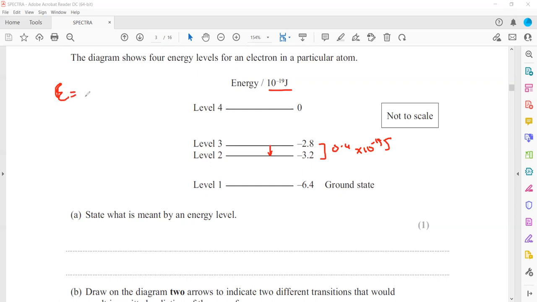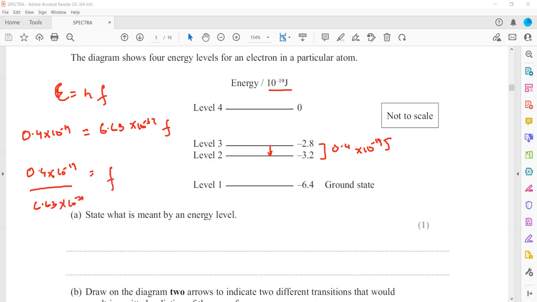So E = hf, where E is the energy emitted out, so 0.4 × 10^-19. h is Planck's constant, which is a fixed value, 6.63 × 10^-34. Frequency we don't know, so we are finding it: 0.4 × 10^-19 divided by 6.63 × 10^-34.